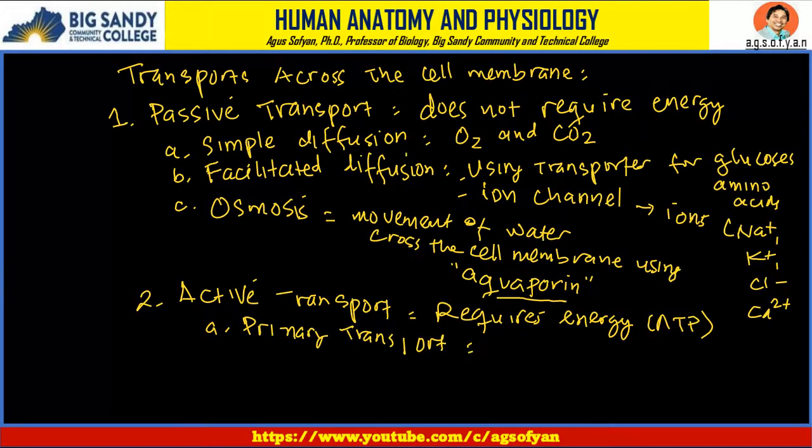We already gave you the example for this one, which is the sodium-potassium ATP pump, the pump that pumps 3 sodium out and 2 potassium in. The second one is called secondary active transport.